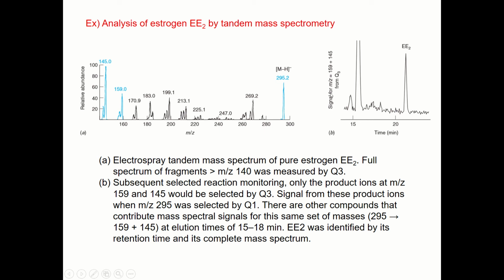This one is detected, but it is not certain which species contribute to this big peak. There are other compounds that contribute to matching spectral signals for this same set of masses. This is the original peak, the molecular peak minus one hydrogen, and it is fragmented into these two peaks.